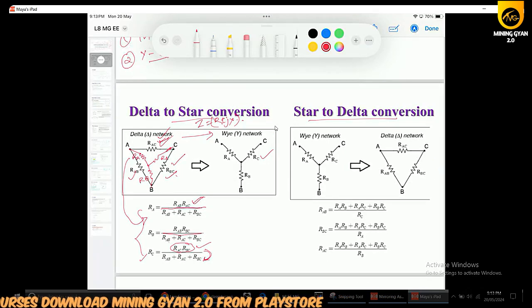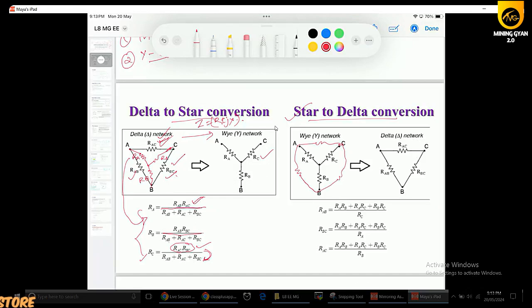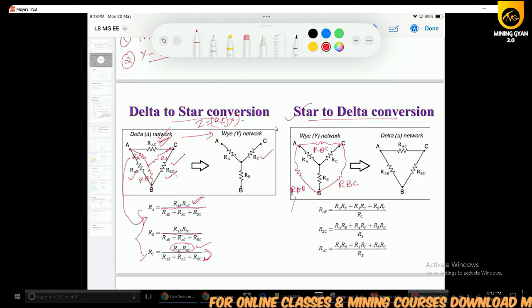Now, from star to delta conversion, how to calculate the resistance values? Please make the circuit like this first. This will give you RBC, because this is connected between nodes B and C. This resistance is connected between A and B, and this resistance is connected between A and C. Then how to calculate RAB?